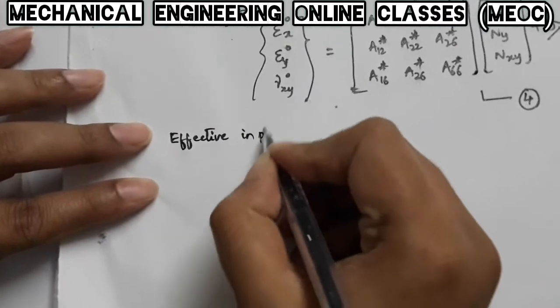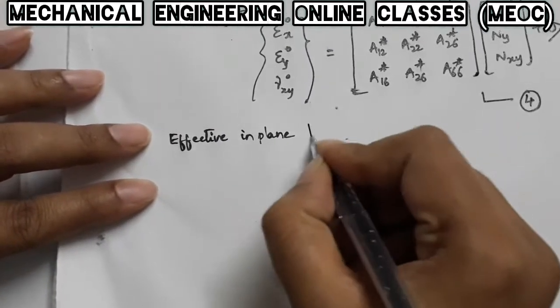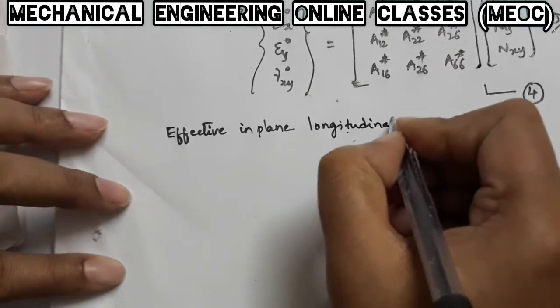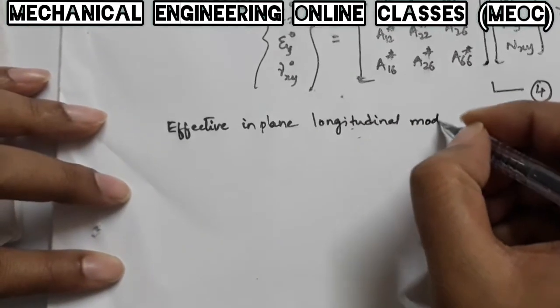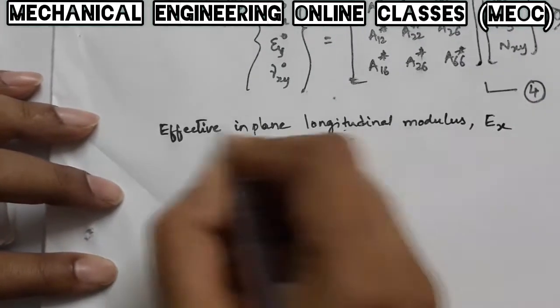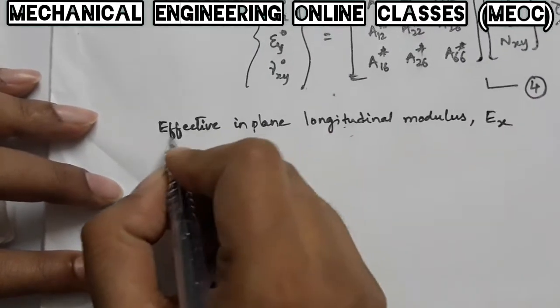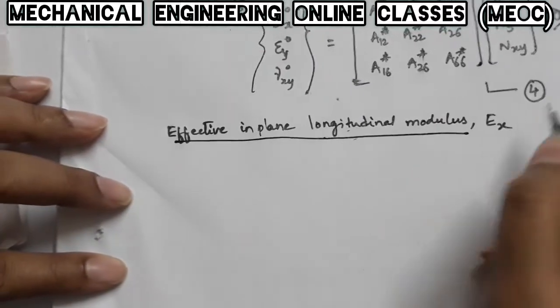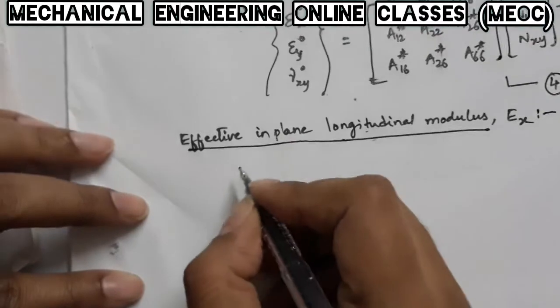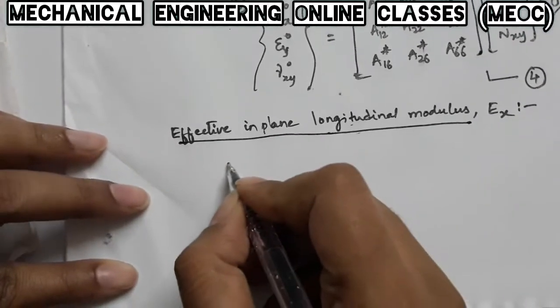Now I want to find the effective in-plane longitudinal modulus, that is Ex, Young's modulus in x direction. So if I want to find out the Young's modulus in x direction alone, then I have to apply the load in this fashion.